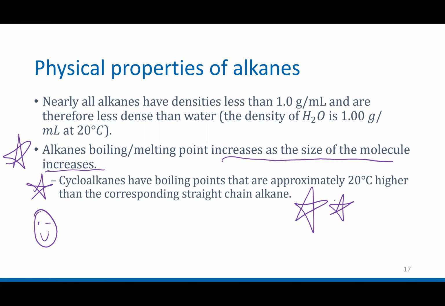If I give you an alkane and the corresponding, and I'll explain what that means in a second, corresponding straight chain alkane, cycloalkanes will have about a 20 degrees Celsius higher boiling point. So what do I mean? Well, let's take pentane. So 2, 3, 4, 5. That's pentane, 5 carbons.